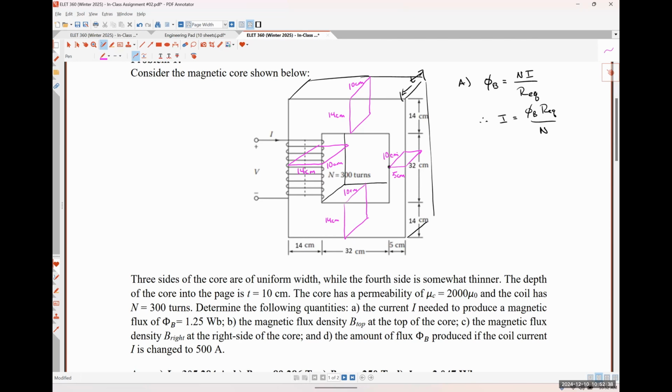So I think that we could actually just break this thing up, exploiting the fact that 3 of our sides have the same cross-sectional area by finding the length of the flux path through those 3 legs, finding that equivalent reluctance, and then finding the reluctance of the right-hand leg and just do it in 2 instead of breaking it up into 4 because the geometry makes it a little bit easier.